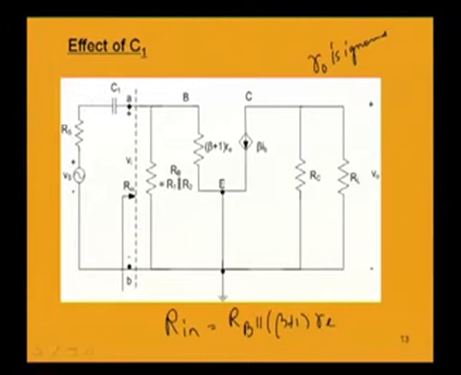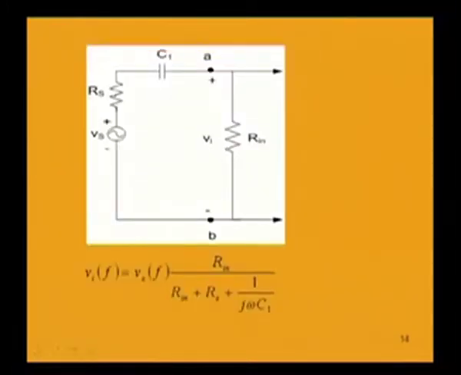Now if I consider this Rin and consider the circuit to the left of Rin, we get this circuit where we can see that the input voltage Vi is across this Rin, which is equal to Vs into Rin by Rin plus this whole series impedance, and that is nothing but Rs plus 1 by j omega C1.